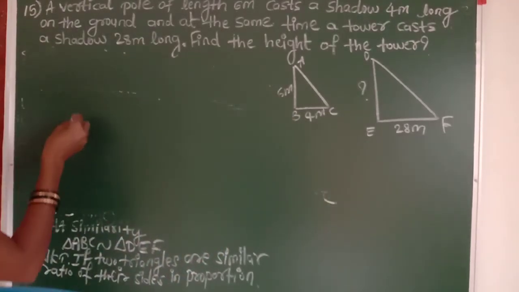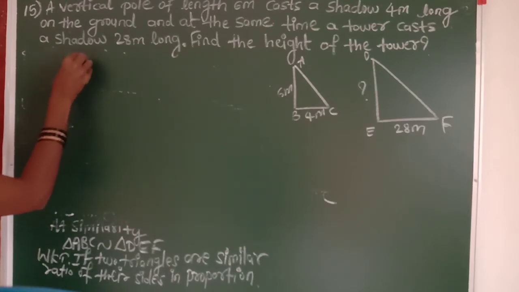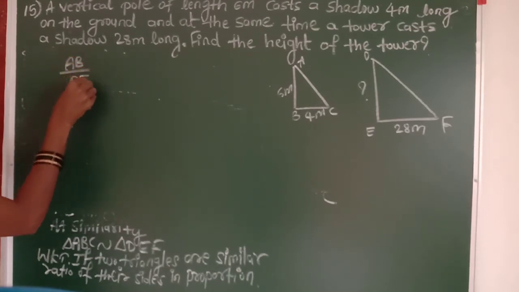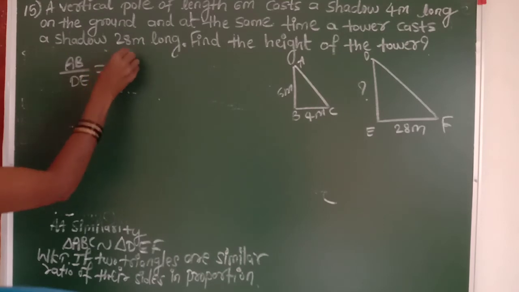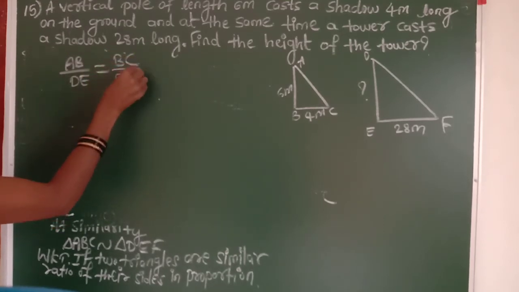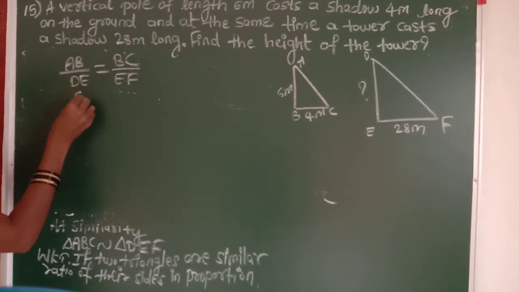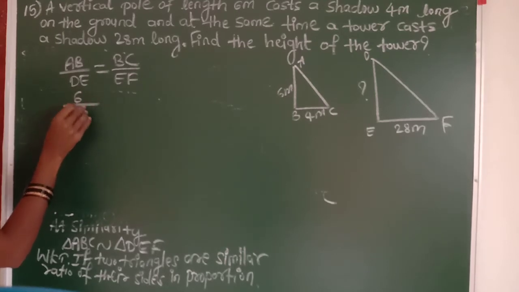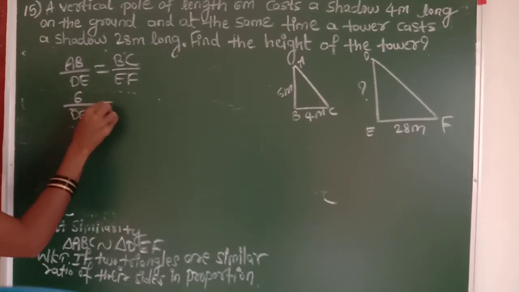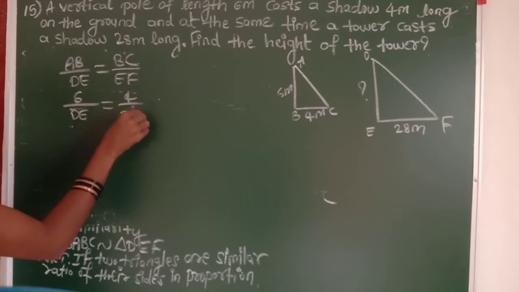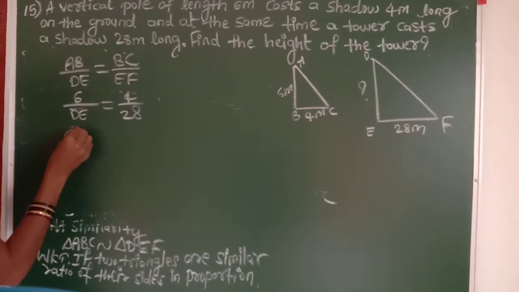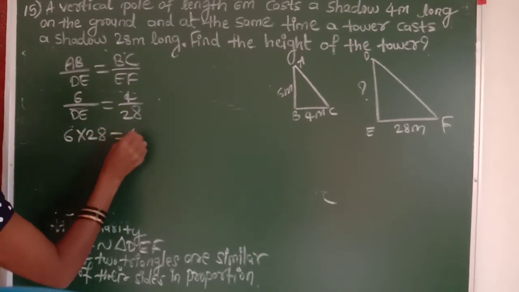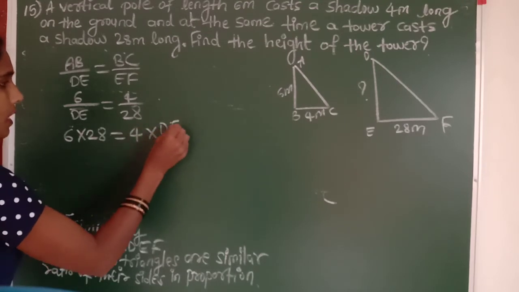that is AB by DE is equal to BC by EF. AB we know is 6, divided by DE. We need to find out DE. BC is given as 4, divided by 28. Now cross multiplication: 6 into 28 is equal to 4 into DE.